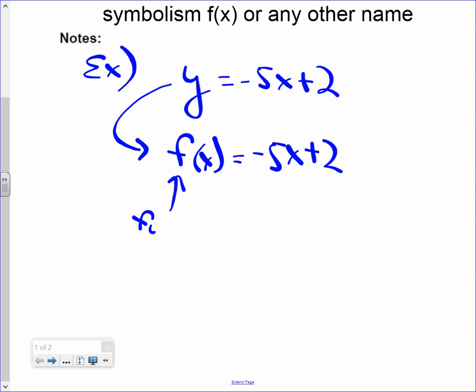F is the function name. X is your input value.